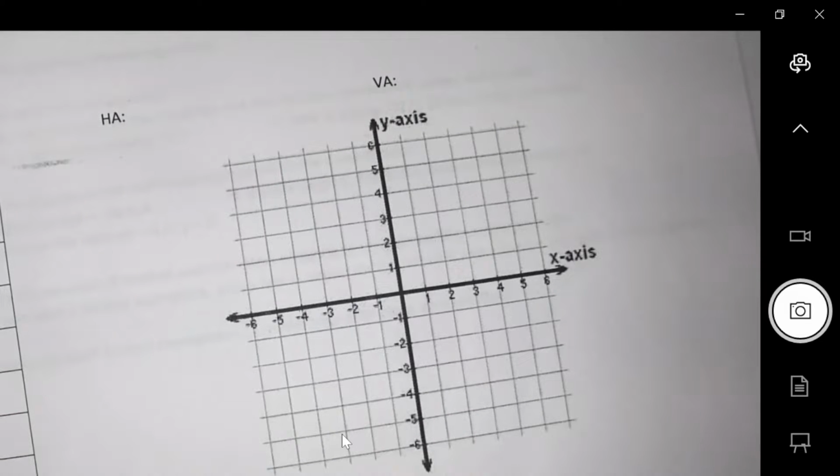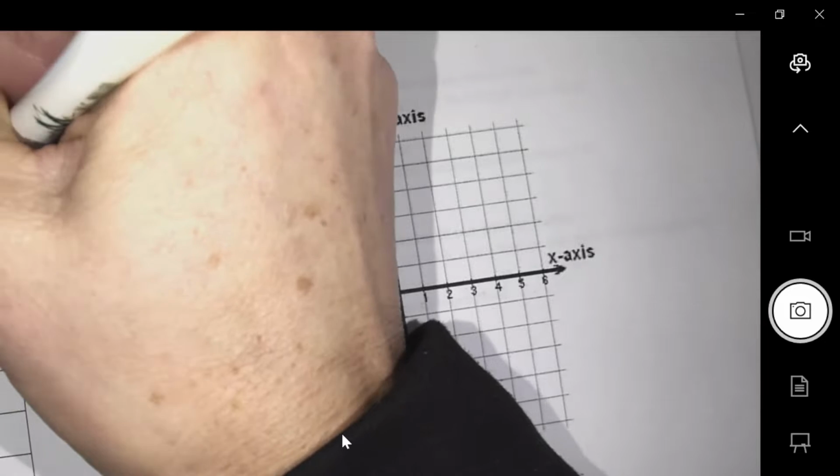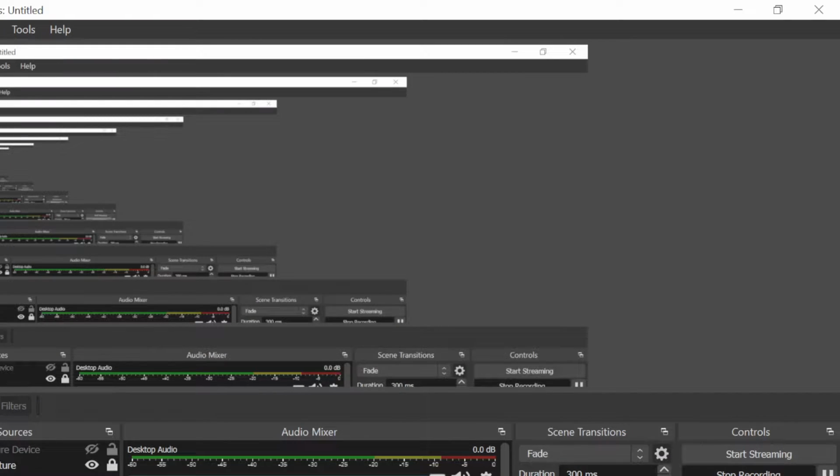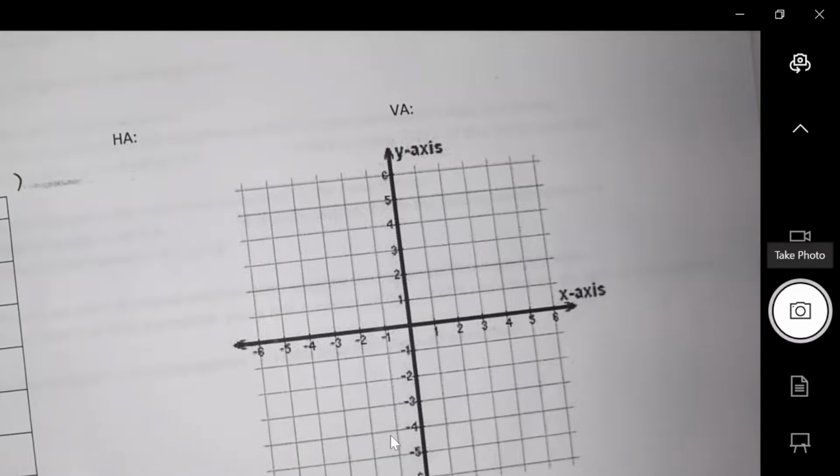Okay, step 1. Non-permitted values. I am first going to notes. Okay, so I need to figure out my non-permissible values.